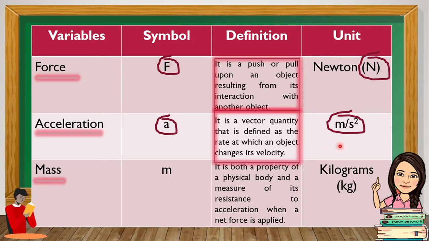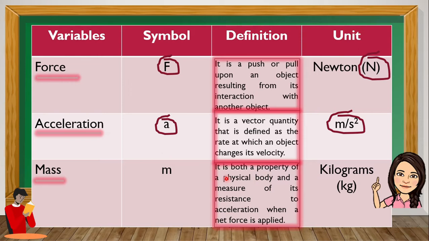Mass. Mass is both a property of a physical body and a measure of its resistance to acceleration when a net force is applied. For example, the car has a mass of 10,000 kilograms. Your mom bought 25 kilograms of rice.